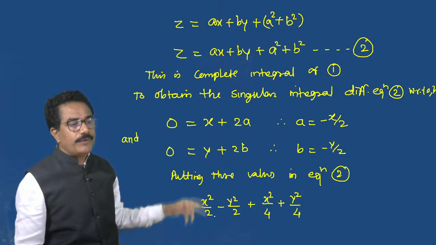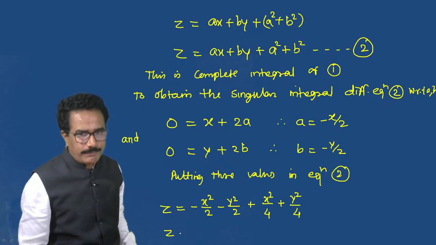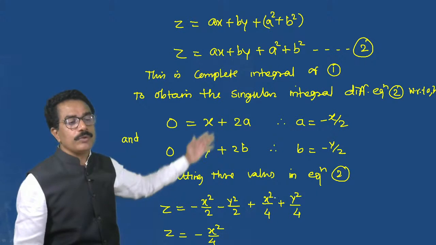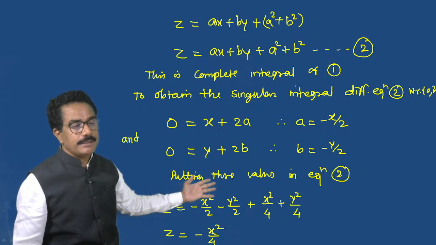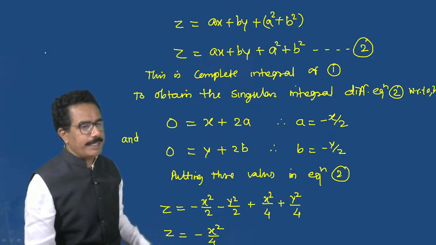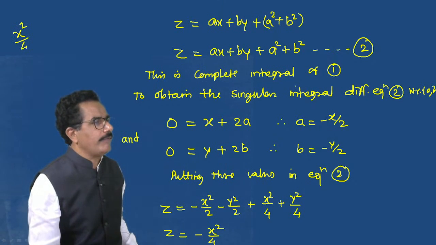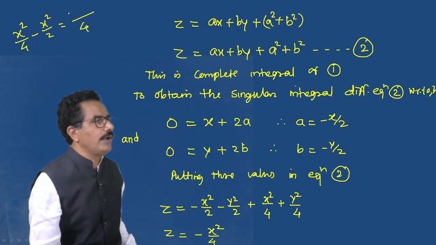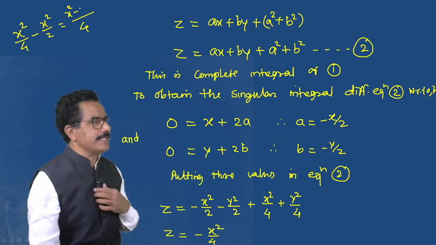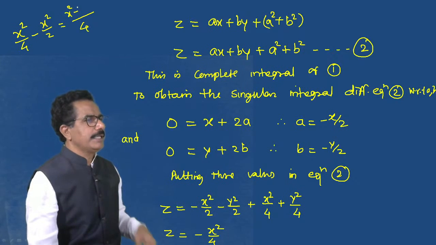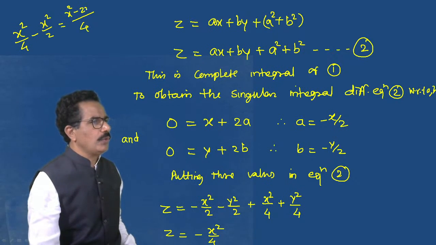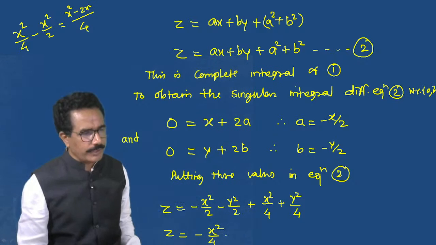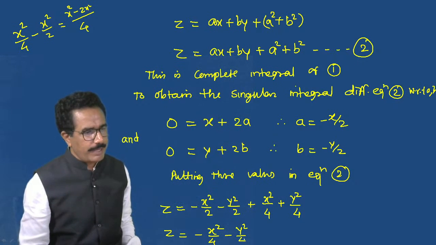So x square by 4 minus x square by 2, LCM is 4, so x square minus 2x square, that is minus x square by 4, minus y square by 4.